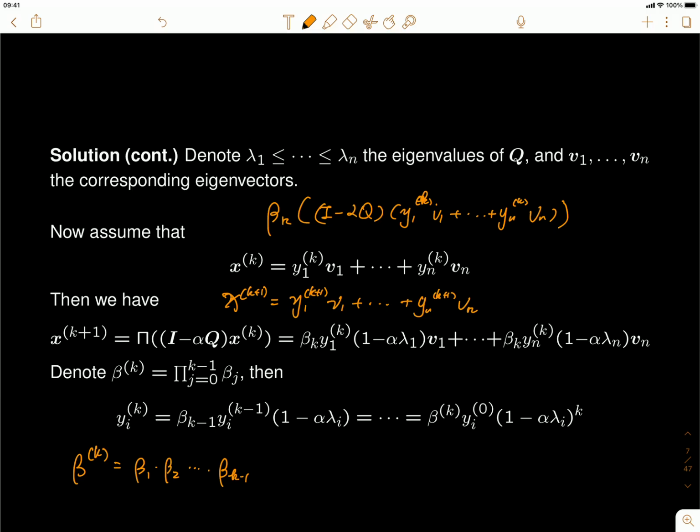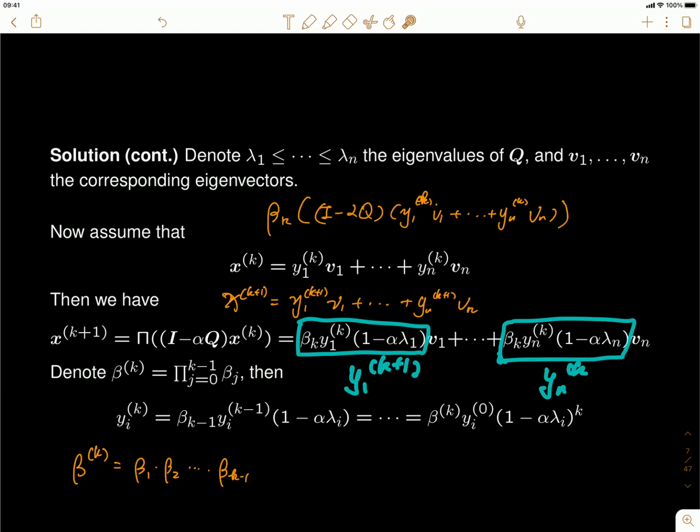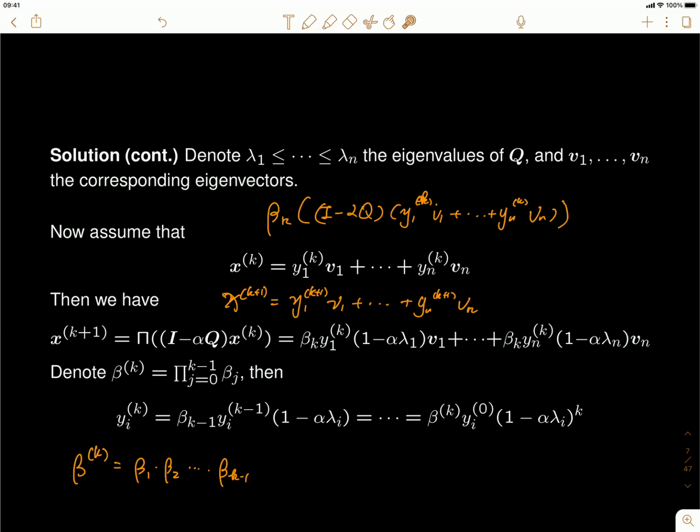Okay, and we also know that the xk plus 1 is equal to that. So that means this will be my y1k plus 1, and this will be my ynk plus 1. So it somehow shows us what's the relation between yk plus 1 and yk. Right? It shows us what is the relation between yk plus 1 and yk.